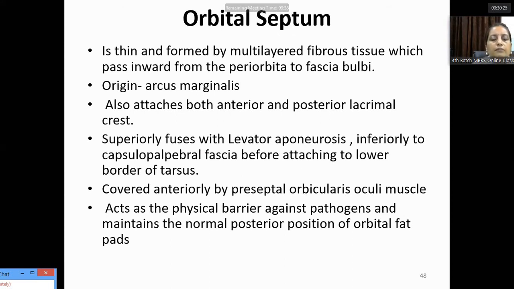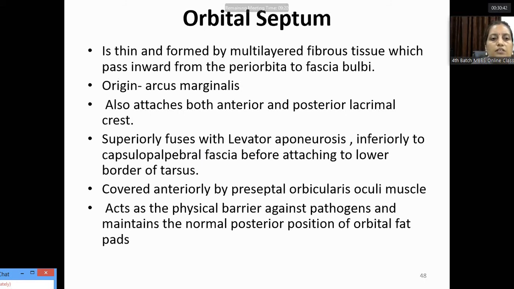Orbital septum, which we have already discussed in the lid, the structures of the lid. It is thin and formed by multi-layer fibrous tissue which passes inwards from the periorbita to the fascia bulbi.